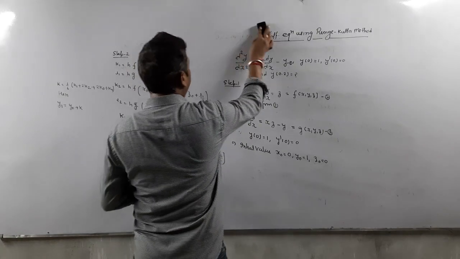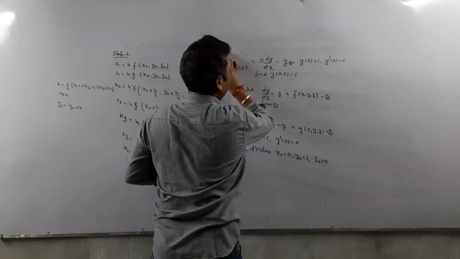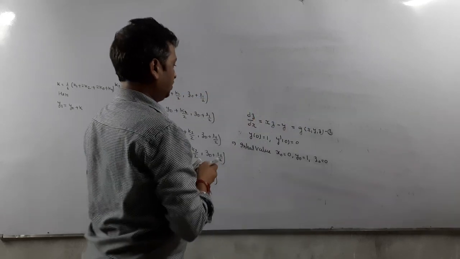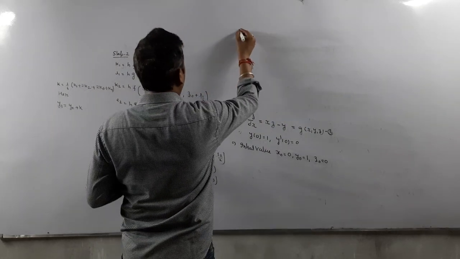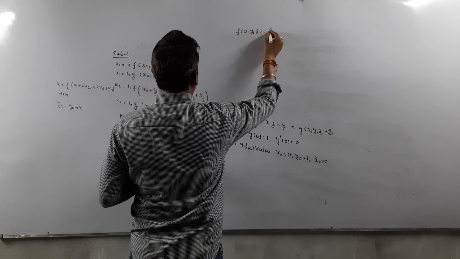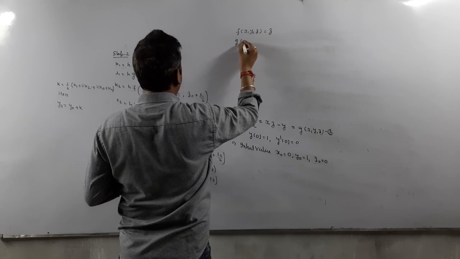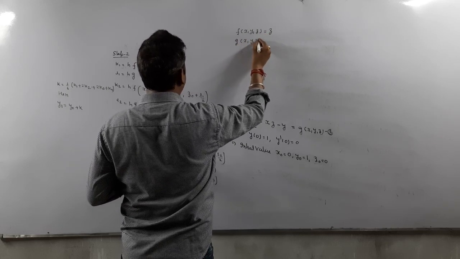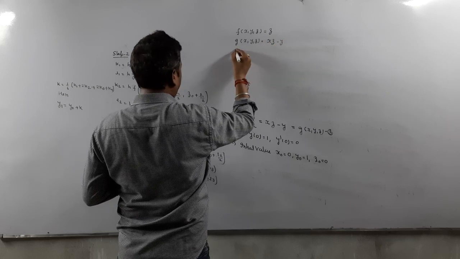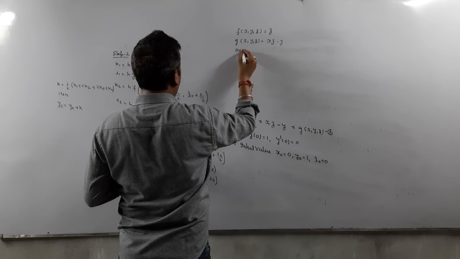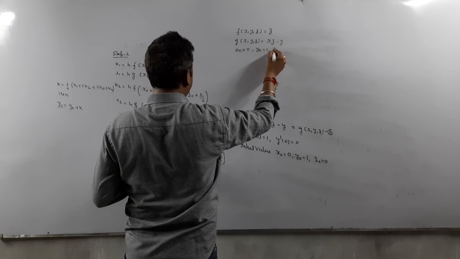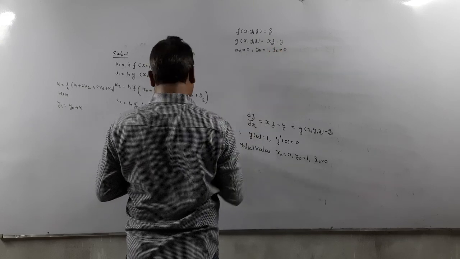Now we do this problem by this method. Now we have f and g. So your f of x, y, z is z, and g of x, y, z is x z minus y. x0 is equal to 0, y0 is 1, z0 is equal to 0.